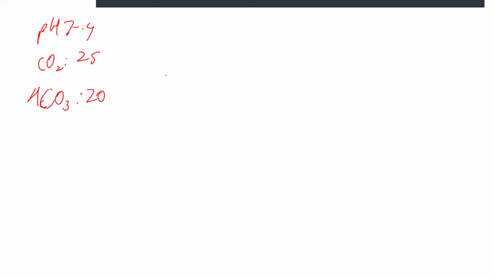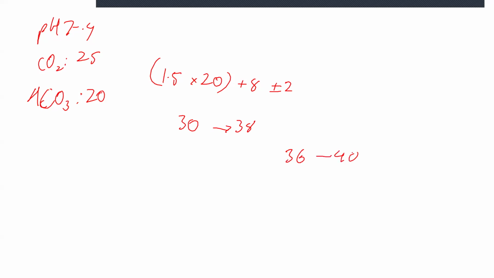Let's apply Winter's formula. Okay, so Winter's formula again is 1.5 times the bicarb, which is 20. So 1.5 times 20 plus 8 plus minus 2 to give us the range. So 1.5 times 20, this is 30, plus 8 becomes 38, plus minus 2 means our range is 36 to 40. Okay? Now, obviously, in this case, the compensation is inappropriate.